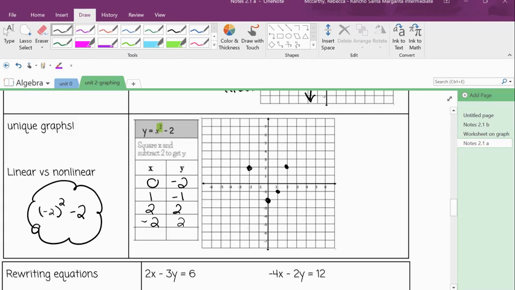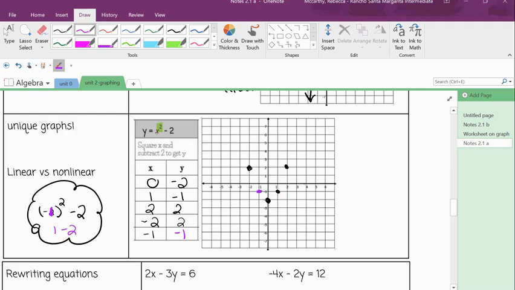If I'm not sure, I'm going to add more points to get a real clear picture of what I have. I'm going to do -1 also. Squared is 1, minus 2 is -1. That's here.